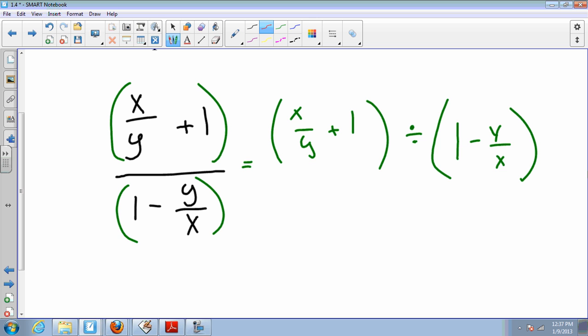Work inside the parentheses first. We have an x over y plus 1. We need the common denominator, which is y. So this goes to x over y plus y over y, which becomes x plus y over y.